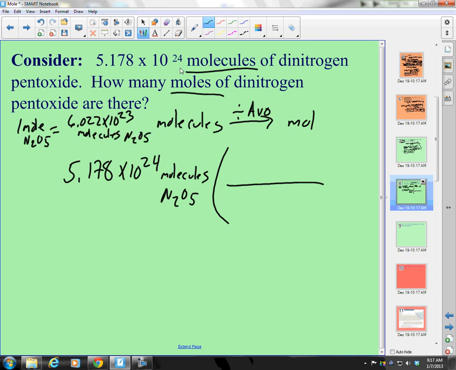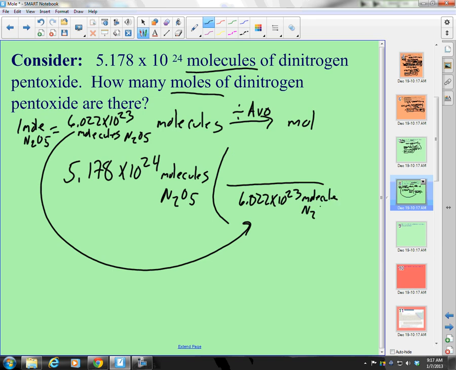Cool. All right. What do I want to get rid of? I want to get rid of molecules, so I'm going to put this right here into my denominator, 6.022 times 10 to the 23rd molecules of dinitrogen pentoxide, because I want them to cancel each other out, which means what has to go on the top? 1 mole of dinitrogen pentoxide.